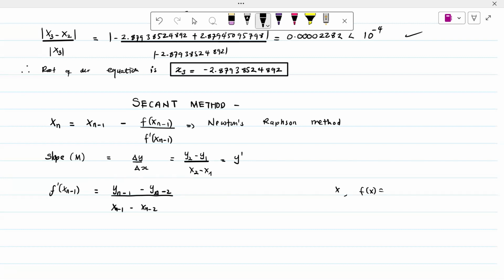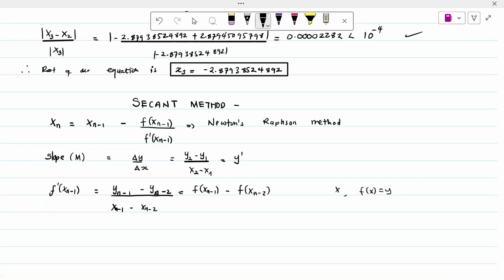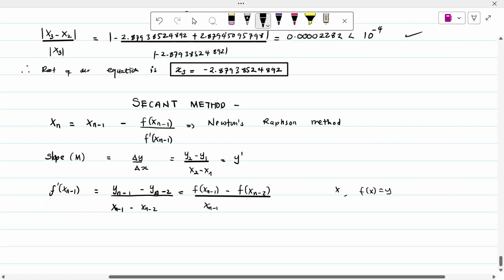So this f of x will be the value of y. So instead of writing yn minus 1, I can write f of xn minus 1 minus f of xn minus 2, divided by the value of x, which is xn minus 1 minus xn minus 2.